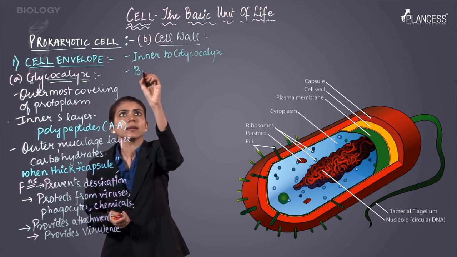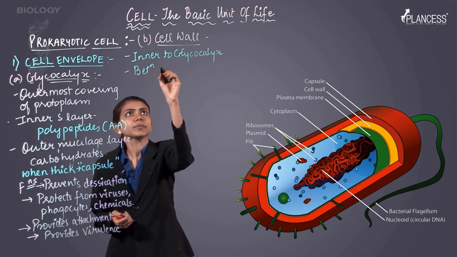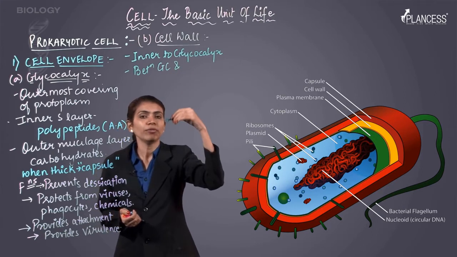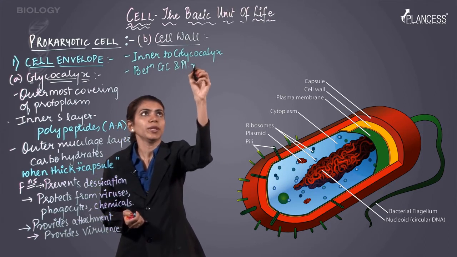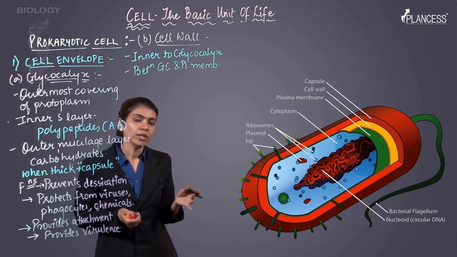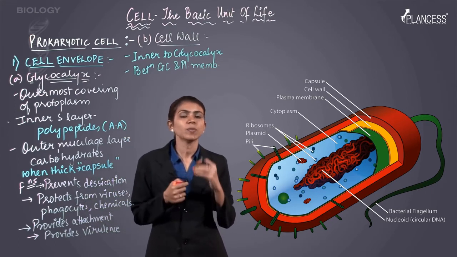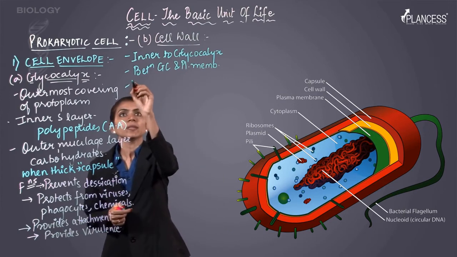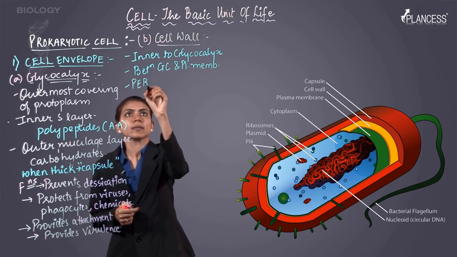Inner to the cell wall is the plasma membrane, and there is a space between the cell wall and the plasma membrane. That space is called the periplasmic space.